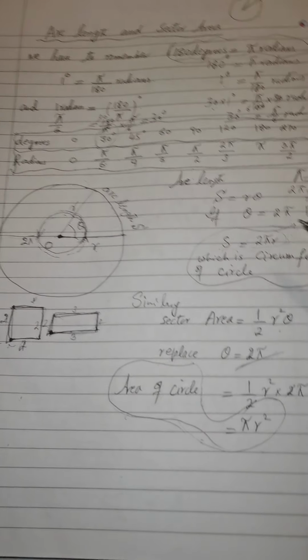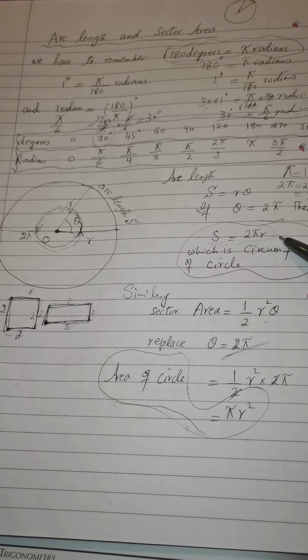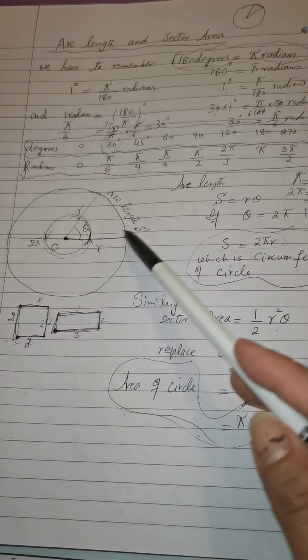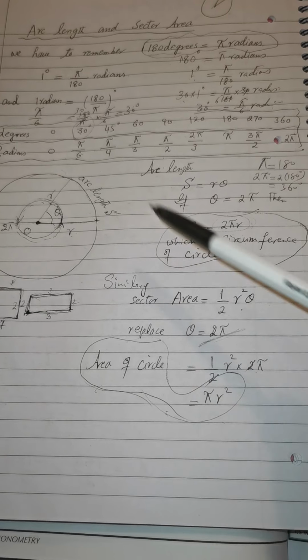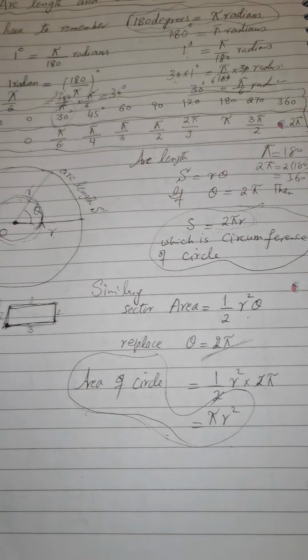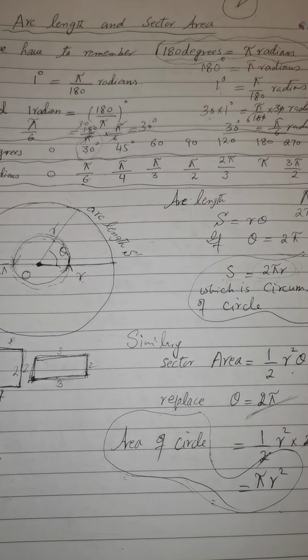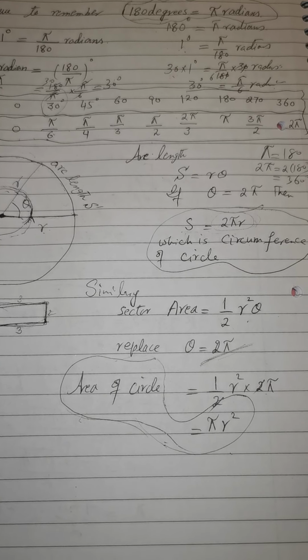So the circumference of a circle is equal to 2 pi r, and we have calculated this from the arc length as we have shown here. And if you want to find the sector area, it is like a triangle.